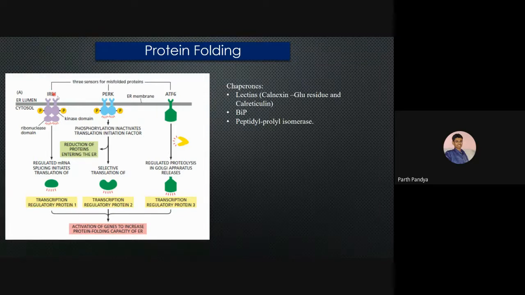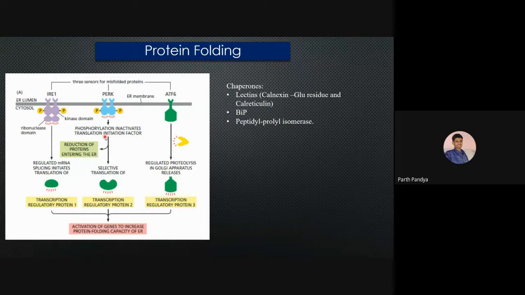On the lumen there are three molecules: IRE1, PERK, and ATF6. They act as chaperone-type mediators. They have kinase activity, due to which they phosphorylate and activate themselves, and the overall protein production is reduced.